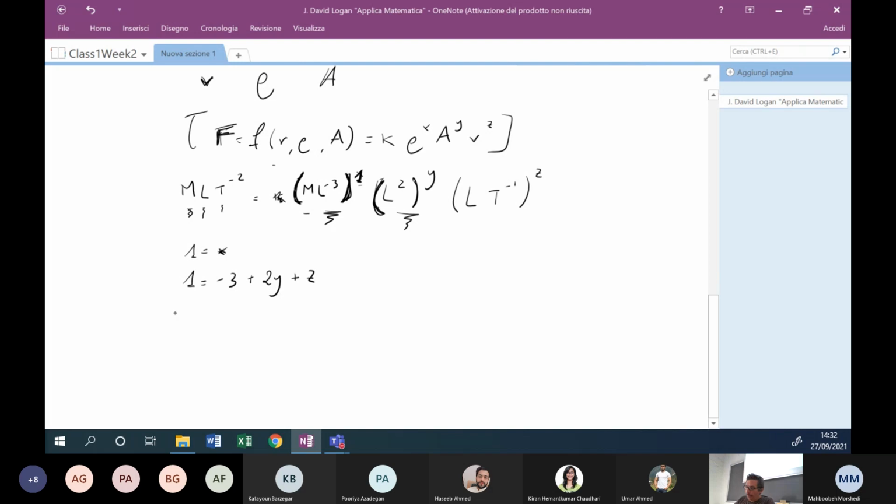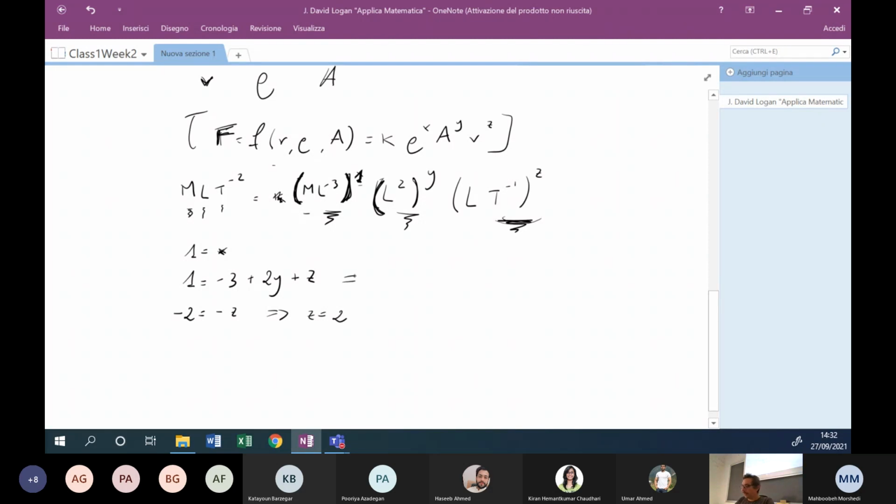T on the left-hand side has power minus 2, and on the right-hand side, it has power minus z from here, which basically means that z must be equal to 2.